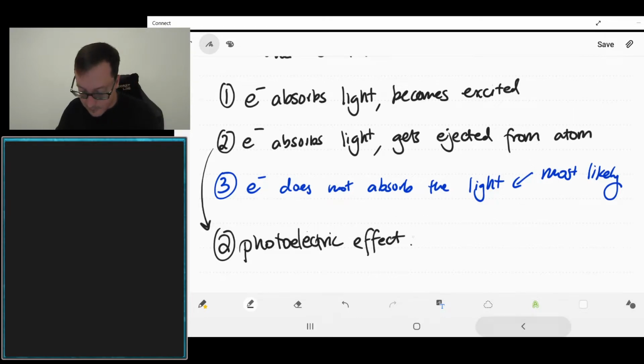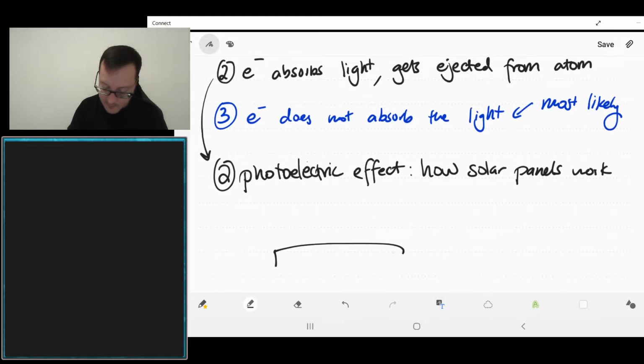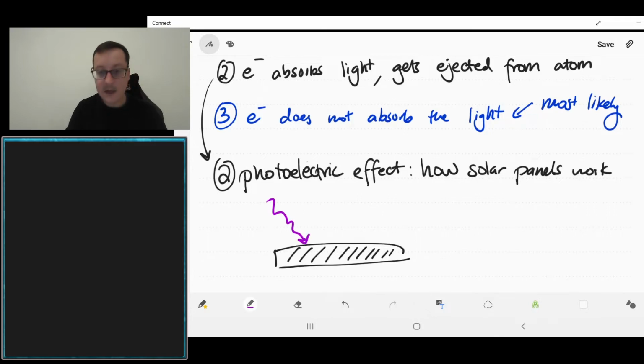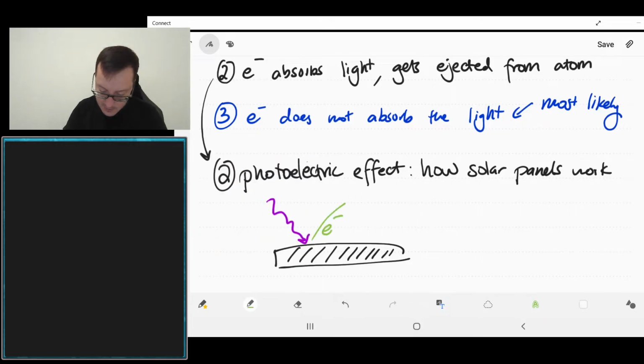And this is how your solar panels work. You've got your solar panel here. Here comes your lovely light beam. Woo! It goes in, and what happens is an electron gets blasted out of that material. This purple thing is a light beam.